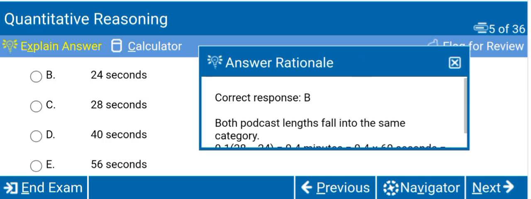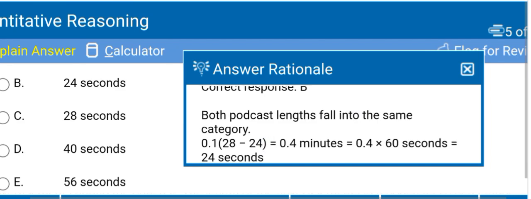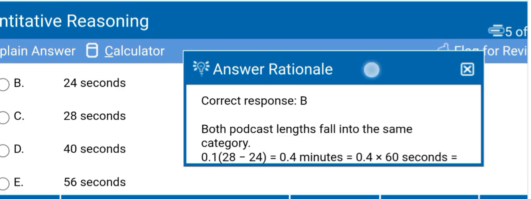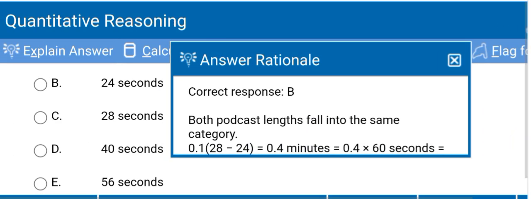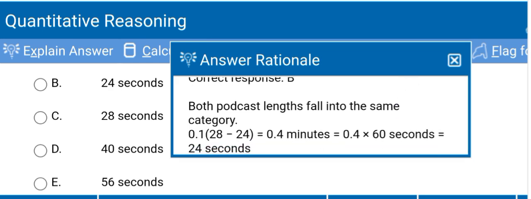Now the correct option is option B. Both podcast lengths fall into the same category. 0.1 times (28 minus 24) equals 0.4 minutes, which equals 0.4 multiplied by 60 seconds, equal to 24 seconds.